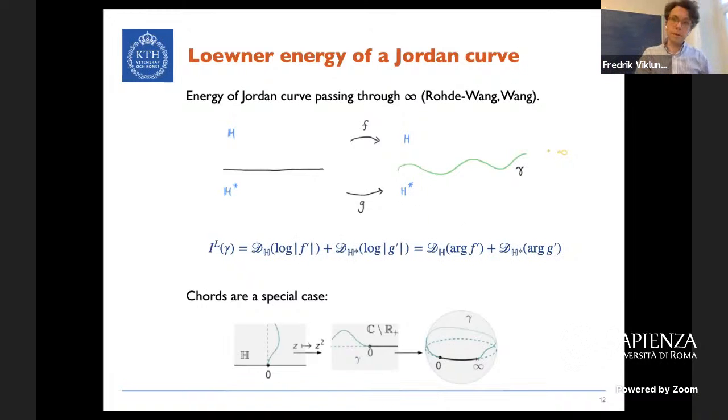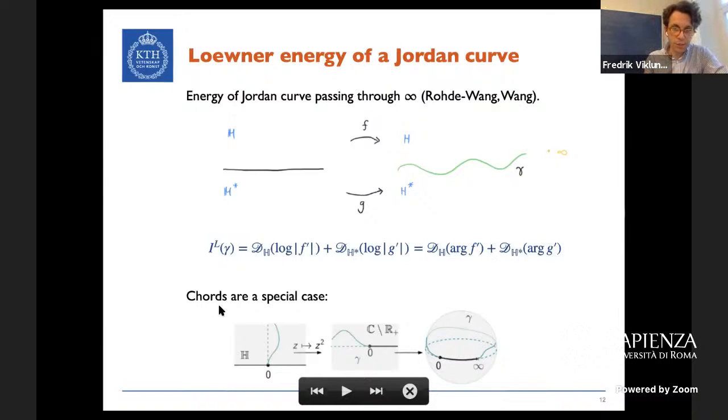And then actually it's possible to write down a Loewner energy for this generalization of a chord according to this formula. So the energy is equal to the Dirichlet energy of log absolute value f prime plus the corresponding quantity for g. And these are conformal maps, so by Cauchy-Riemann equations, you can also write this in terms of the argument and so on.